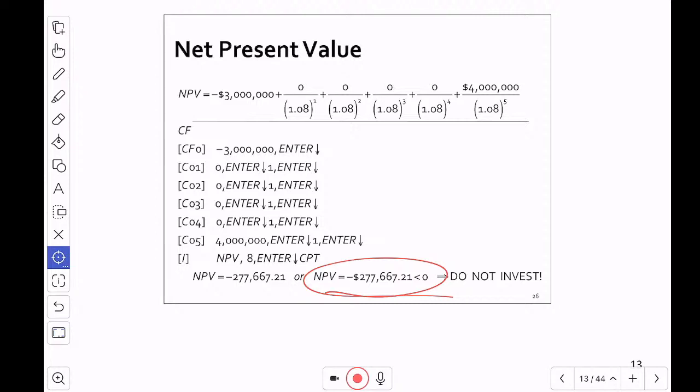So why would you do that? You don't invest. So this is a way of capturing your opportunity cost. Like this is capturing what you're not going to get. This 277,000 is a loss for you because you could have taken advantage of financial markets and done better. So that's picking that up right here.